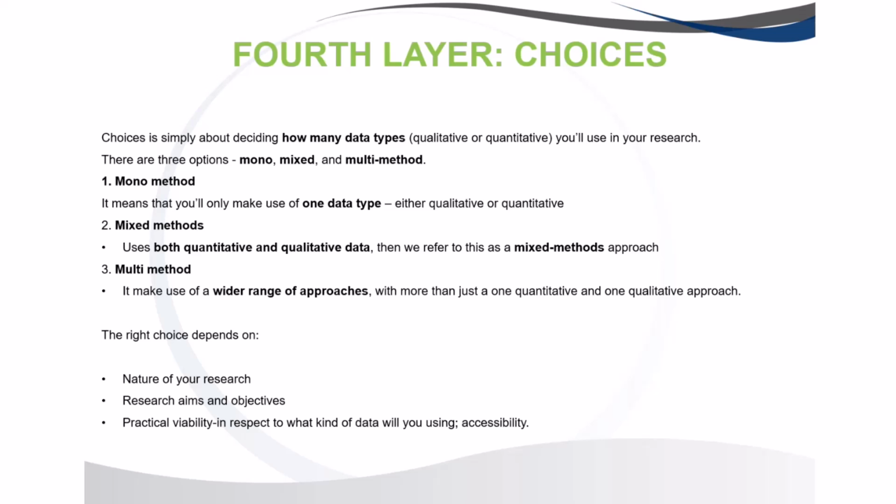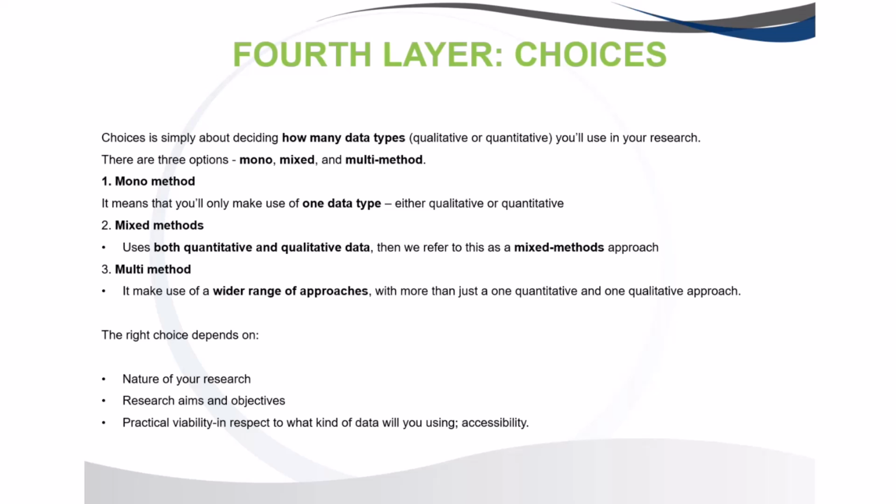Choices is simply about deciding how many data sets, quantitative or qualitative, you'll use in your research. It could be a mono method, a mixed method, or a multi method. A mono method is where you use one type of methodology, for example, quantitative or qualitative.